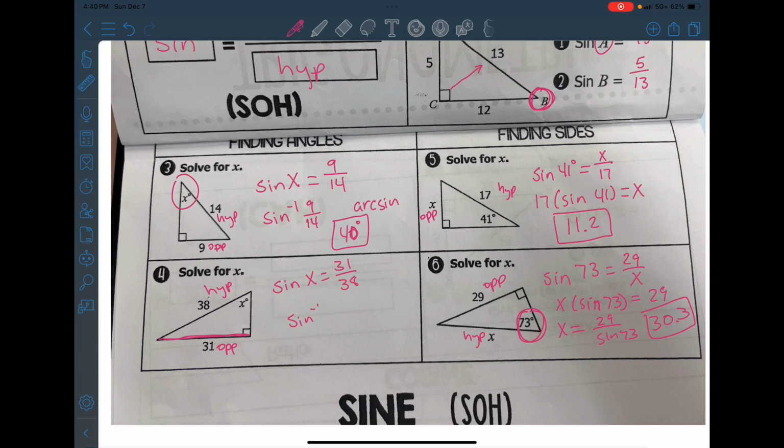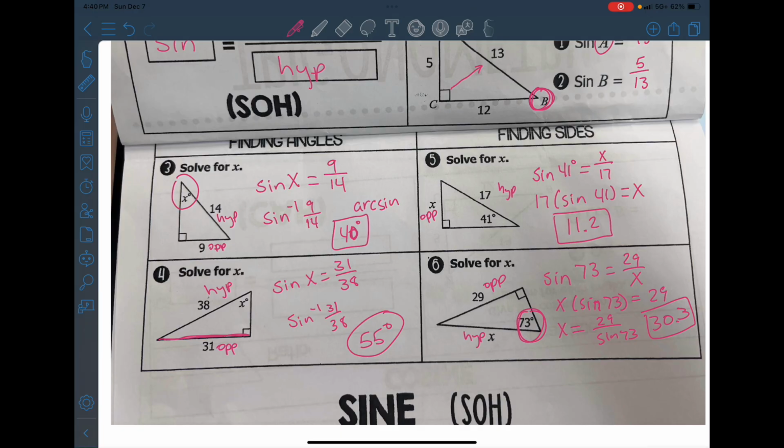So in our calculator, we're going to hit the second sine and then 31 divided by 38. And you get 54.6, which then rounds this to 55 degrees.